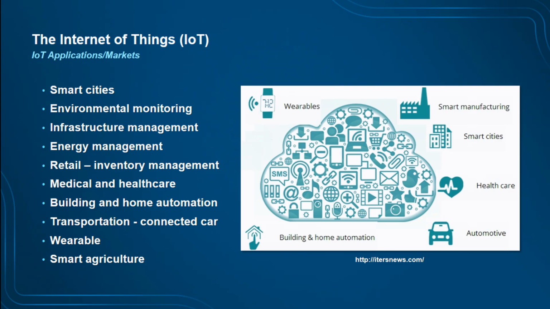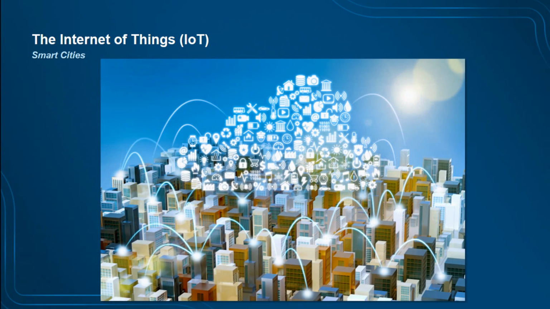We have environmental monitoring, infrastructure management, energy, retail, you can name quite a few in here. Pretty familiar: transportation, buildings, agriculture, and wearables. So I'm going to get into some details about some of these applications on the list, like smart cities.